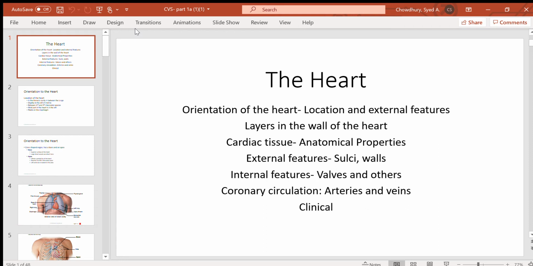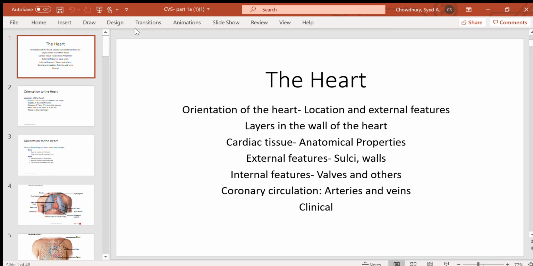Coronary circulation is the heart's own circulation. Heart circulates blood throughout the body. However, heart itself needs its own circulation to keep the heart tissue or cardiac tissue alive.